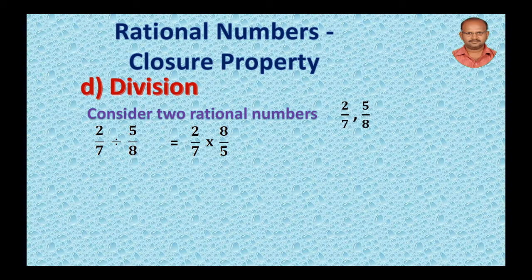Here, changing the sign, that is, divided by into multiplication, and 5/8 becomes its reciprocal 8/5. We learned this already in previous classes. Multiplication of numerators, that is 2 into 8 by 7 into 5, gives 16/35.